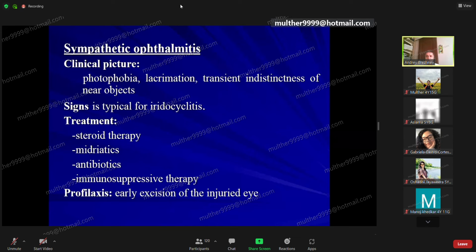So just rather simple symptoms, and if the patient has no history of eye trauma, it's not so dangerous.